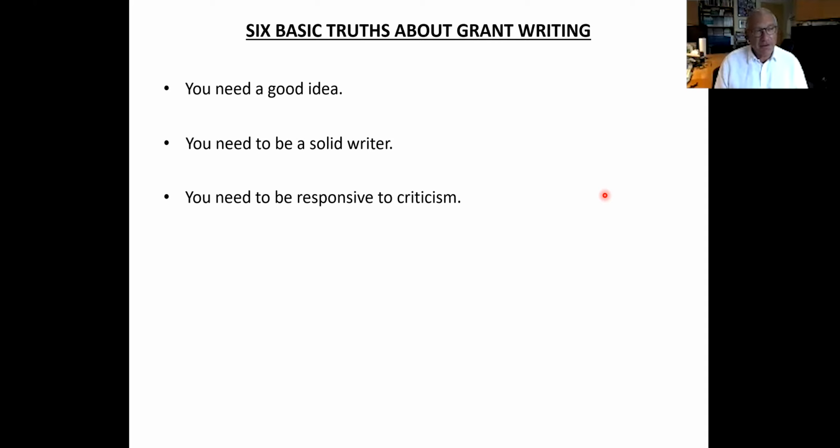And your first reaction is always like, oh, well, they're being so stupid. They don't know this or they don't know that. I'm talking about the study section. But after a while, you calm down and you think about it and you realize you have to address these concerns. Even if they're wrong, you have to find a way to address them. More on that a little later.